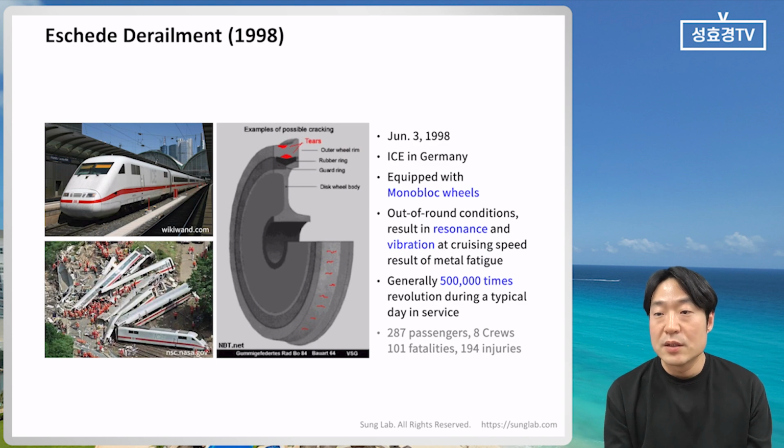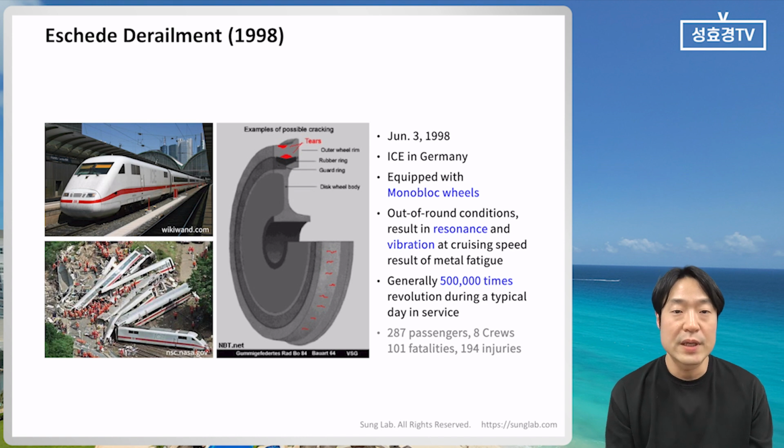And then this is Eschede in Germany. There was a derailment in 1998. Most wheels nowadays are not monoblock wheels, but there the monoblock wheels were just equipped. Because of that, they were exposed to a lot of vibrations and resonance.